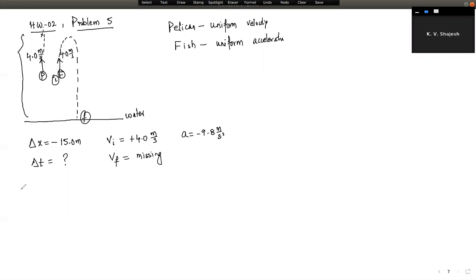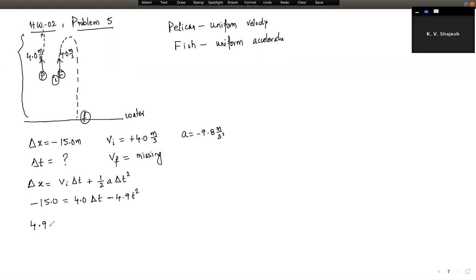Once we know the missing variable, we immediately know which equation it is: delta x equals v initial delta t plus half a delta t square. It is very similar to the earlier problem, except the numbers are different. So minus 15 is equal to 4.0 delta t, and a is minus 9.8 divided by 2, that's minus 4.9 t square.